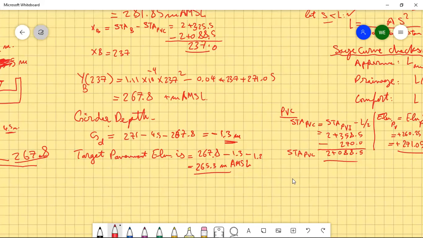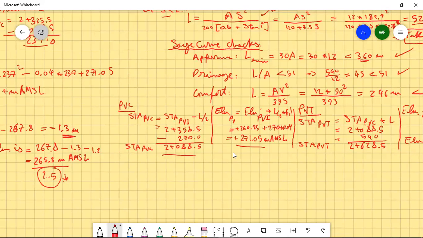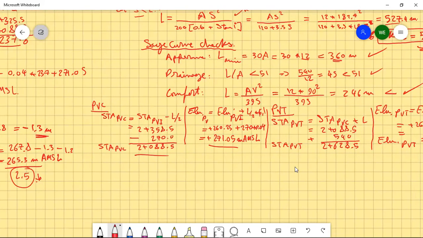So we want to reduce the elevation of the pavement by 2.5 meters. How can we achieve that? We will try to achieve that by solving this issue here. We want to reduce this elevation to be 265, I'm sorry, reducing this by 2.5.